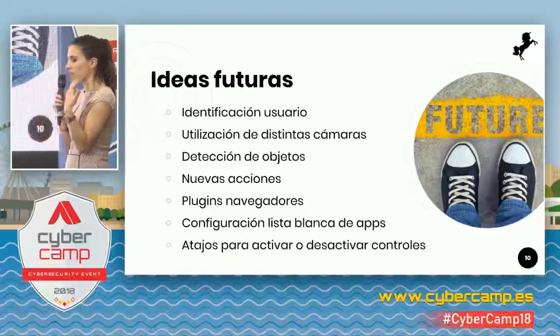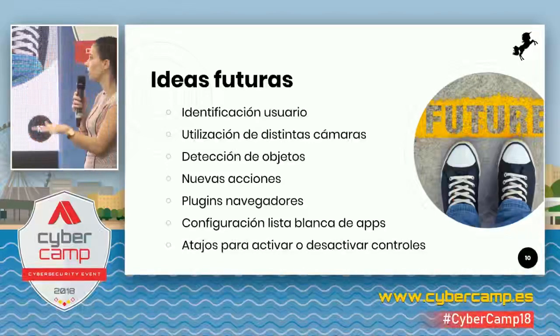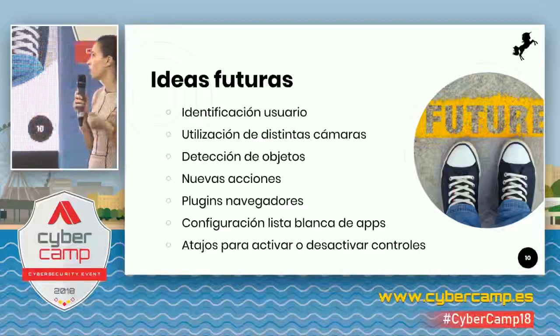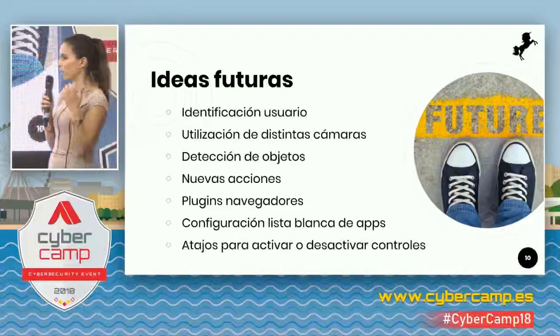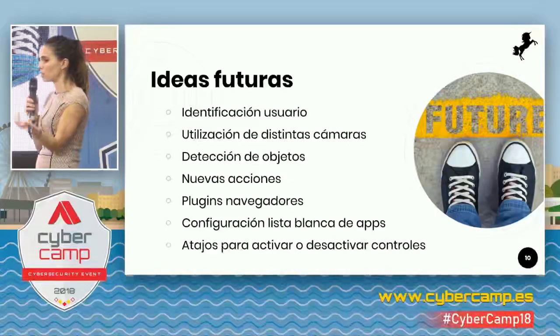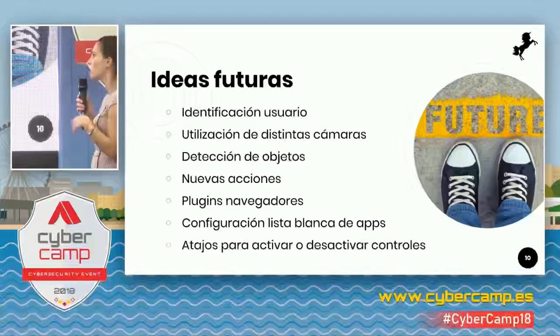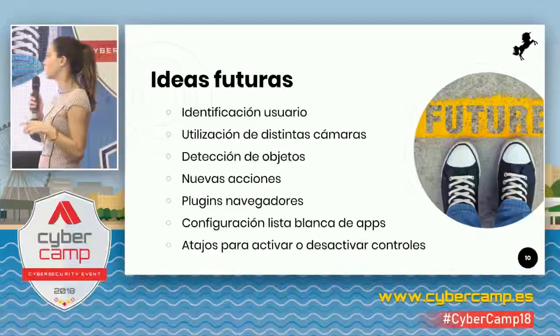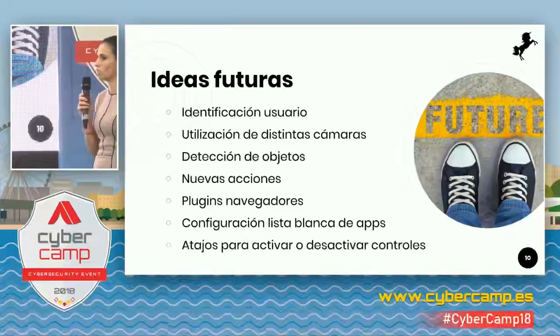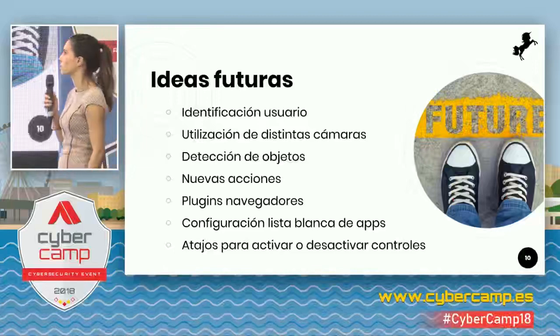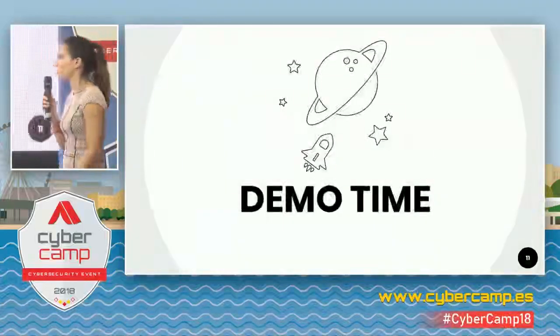We also wanted to check when you move away from the computer for it to detect it and block it. Also plugins or whitelist for apps. So if you're using Sublime, it would know that that's the API and the device wouldn't work. And also shortcuts maybe in the future for the brightness to change just with a couple of clicks.